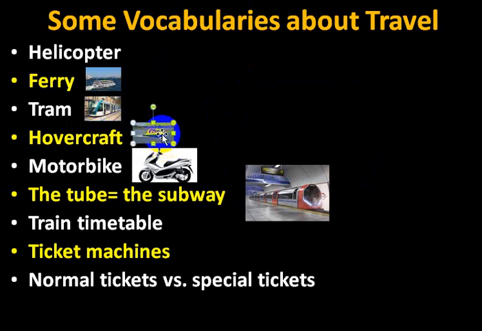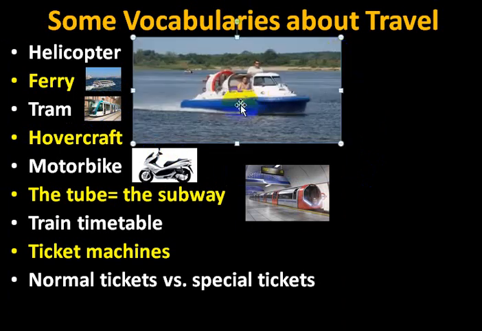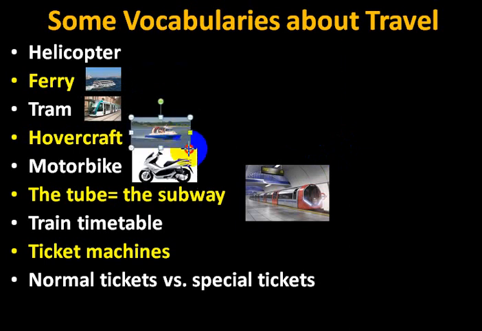Then we have hovercraft. See, hovercraft, something which is similar to the ferry, but it has a tube at the bottom. As you can see, this is a tube. And then we have motorbike. I think motorbike is easy. And then they have the tube or the subway.